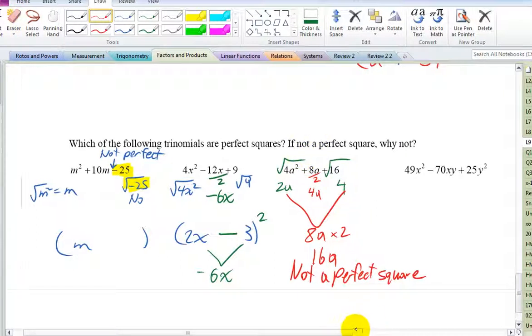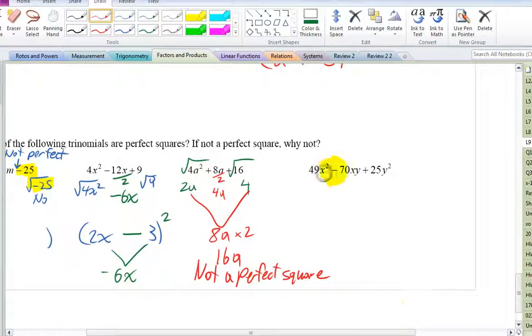Try the next one. Do the letters make sense? X and a y, are they in the right order? Yeah, right. X squared, y squared, xy in the middle. Good. Can we square root 49? Yep, 7x. Square root 25? Yep, 5y.